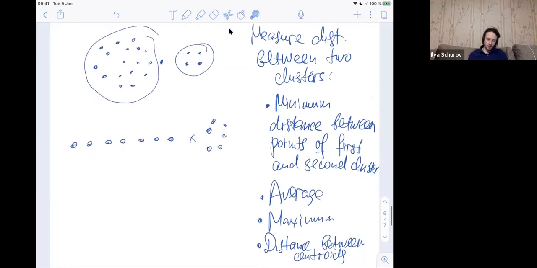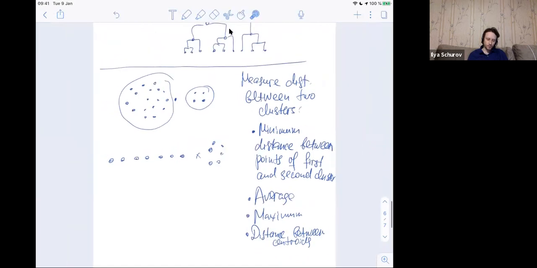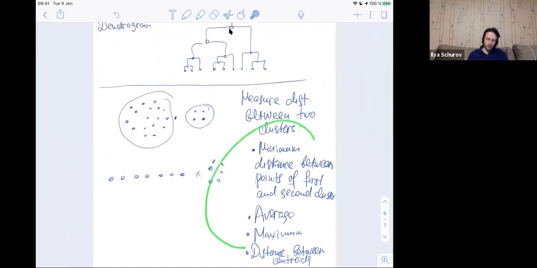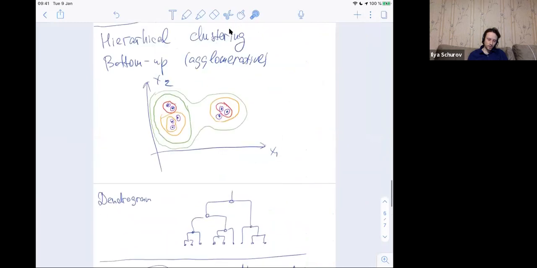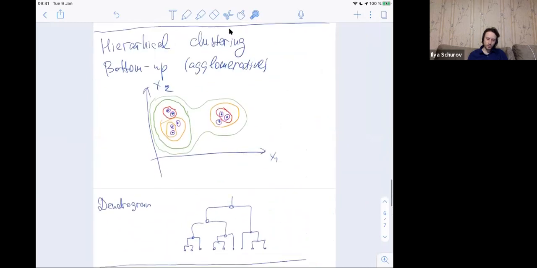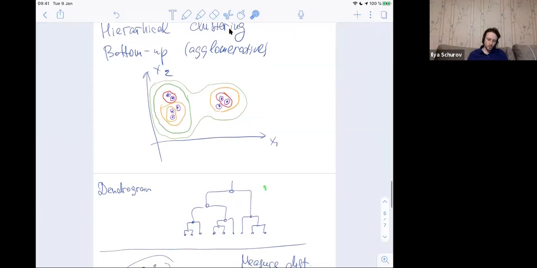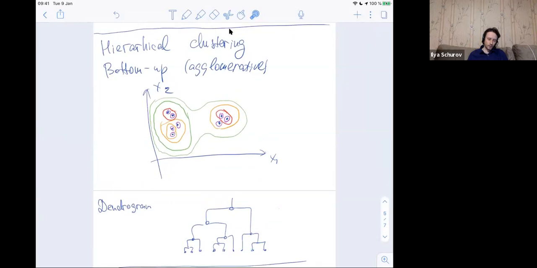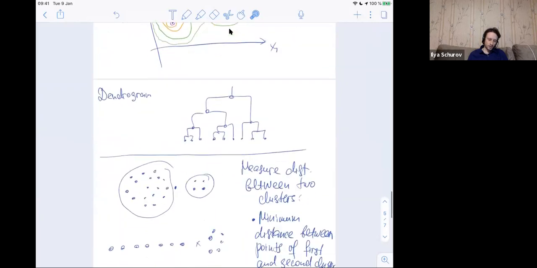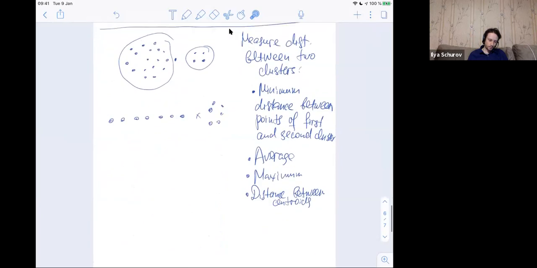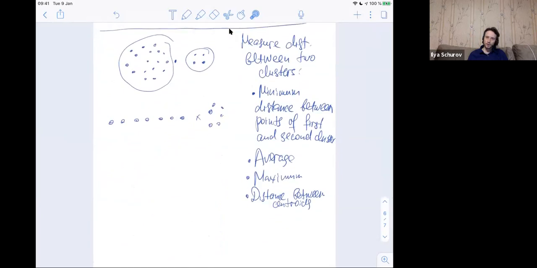But anyway, this is one of the parameters that can be tweaked in your clustering algorithms. Other than these parameters, this algorithm works pretty straightforwardly. Just unite, unite, unite, unite, and then get this thing. So these are the results. Are there any questions so far?